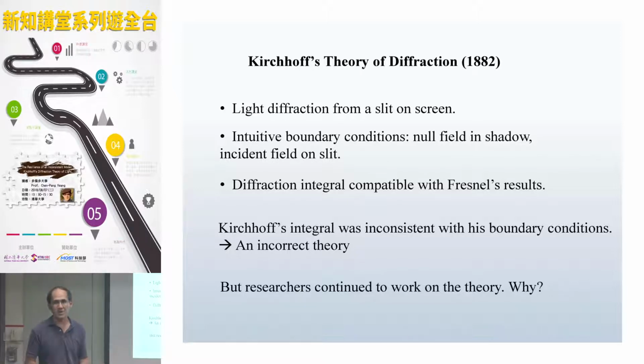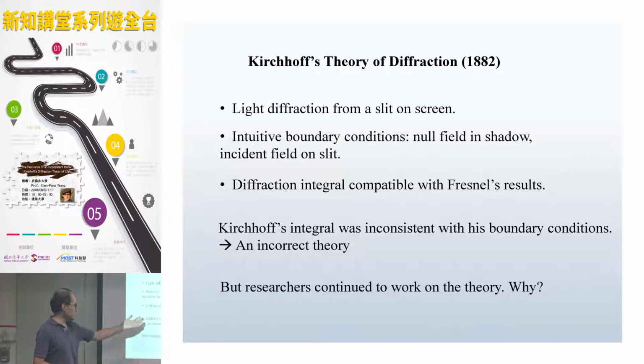And that was very good because Fresnel's result not only was accepted as the canonical wave theory of light, but also had some empirical confirmation. But then scientists soon discovered that Kirchhoff's theory had some problems. The major problem was that his integral was inconsistent with his boundary condition.